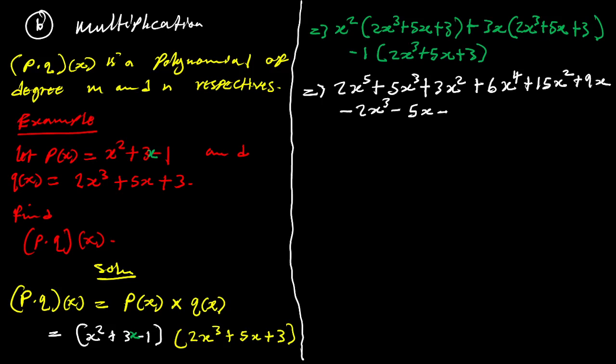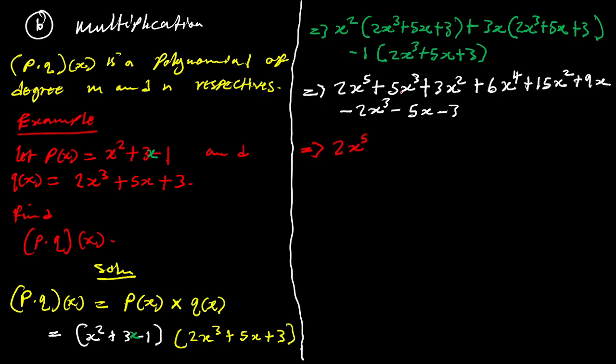After you do that, your next job is just to collect the like terms. So if you look at the like terms, one thing that you need to understand is that 2x to the power 5 is just alone there. So it's going to be 2x to the power 5 the way it is.